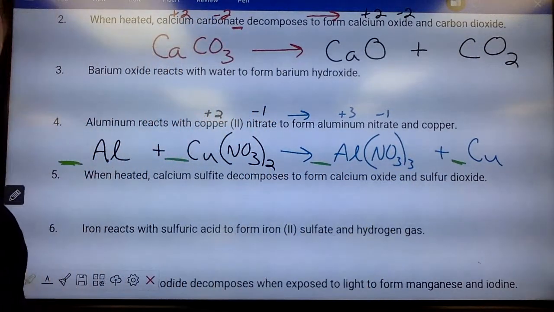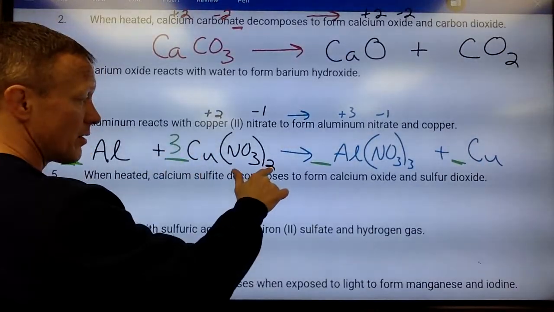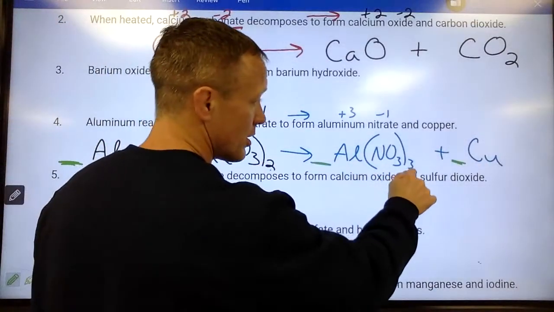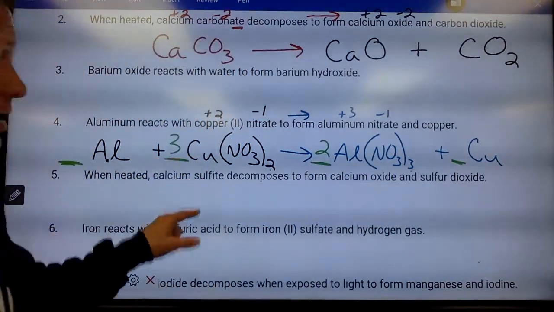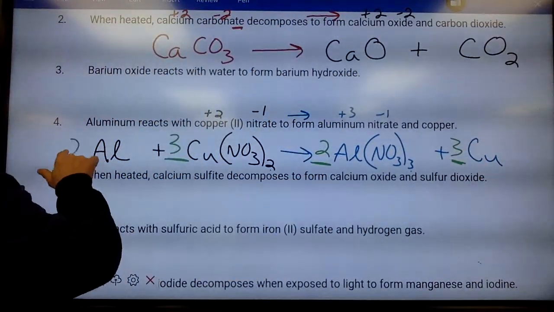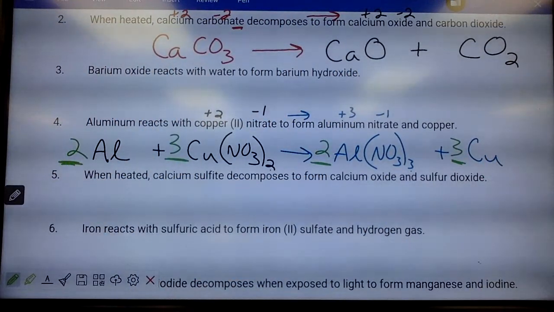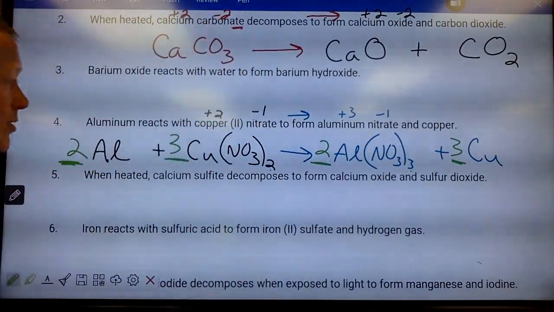Whenever you have 2 and 3, we want to get them to 6. So I'm going to triple this one, giving me 3 times 2, 6 NO3 groups, and 3 times 2 gives me 6 NO3s on the other side. That changed my coppers to 3 and my aluminums to 2. So 2, 3, 2, 3. Reactants have to equal products in a chemical reaction.